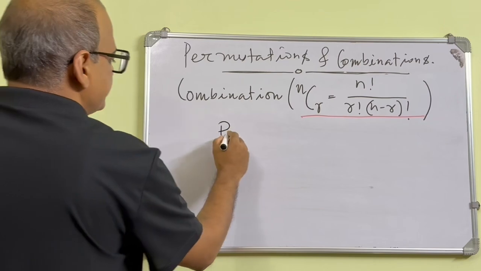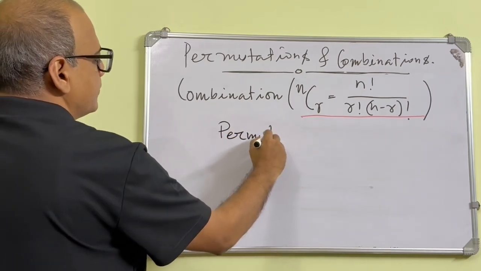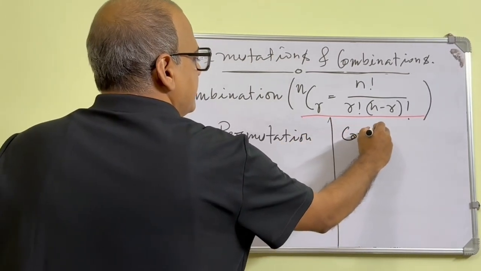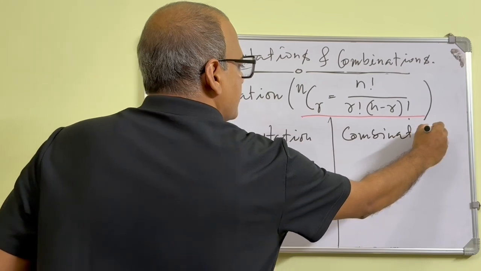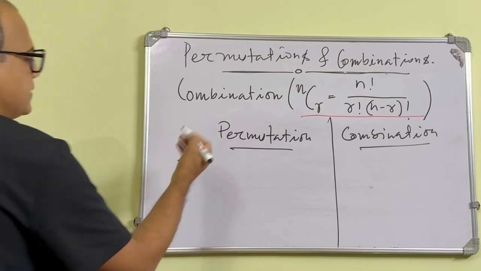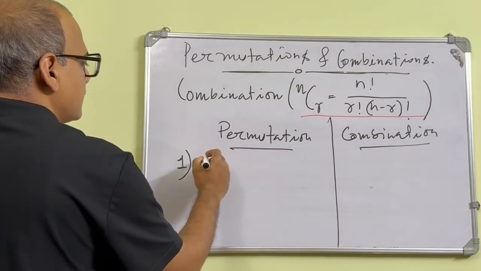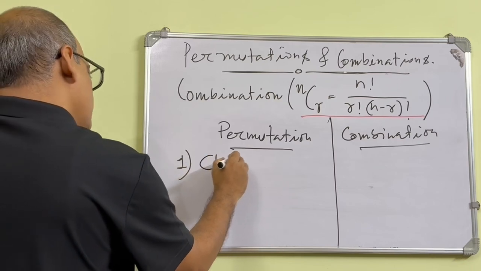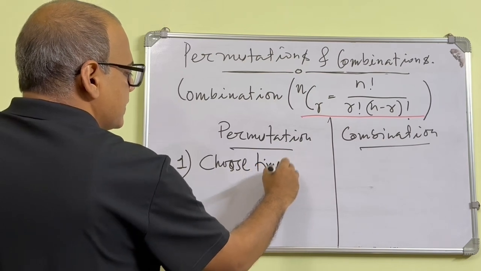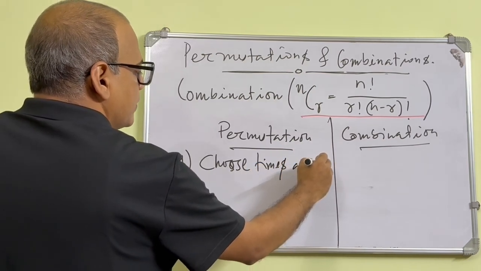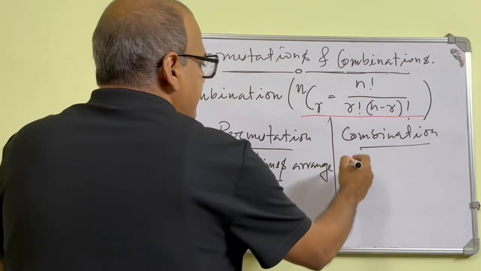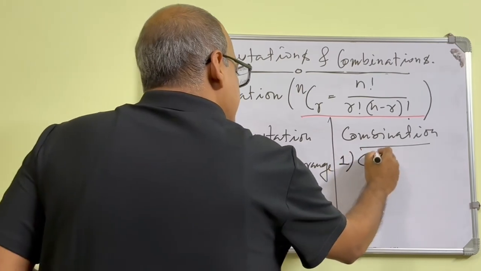Permutation and combination. The first difference: in permutation, it's choose times arrangement, and in combination, it's choose only.